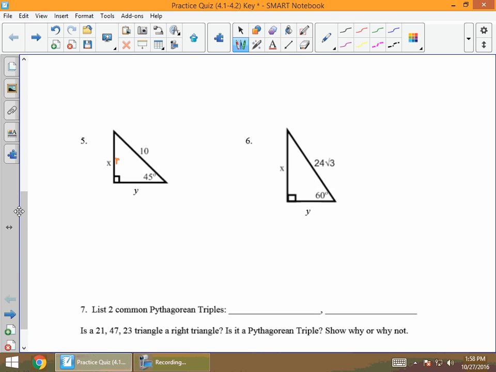Legs are m. Hypotenuse is m radical 2. And another 30, 60, 90, short side is m. Hypotenuse is 2m, and m radical 3 for the long way.